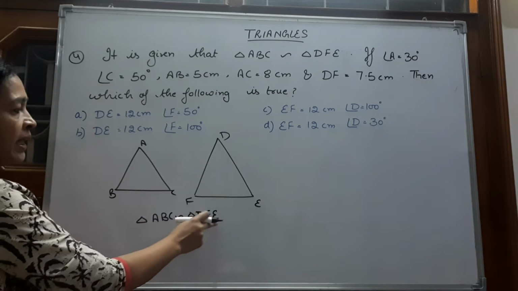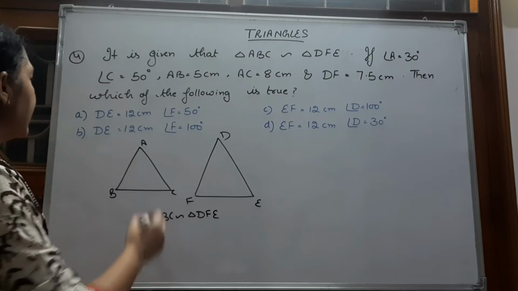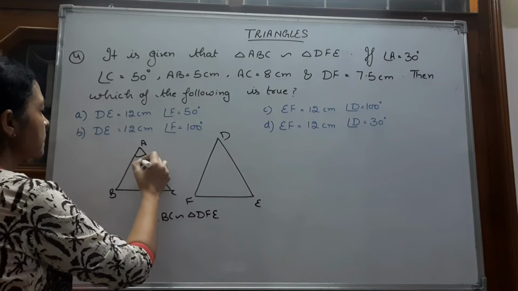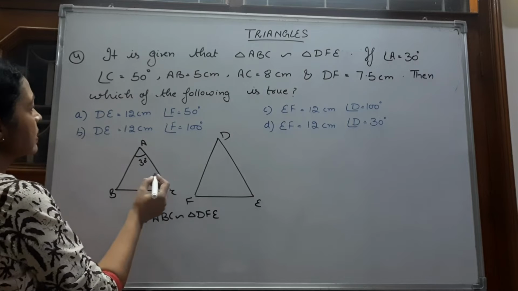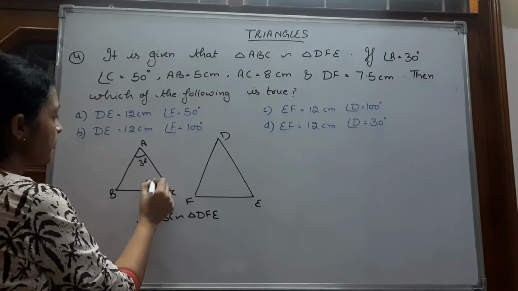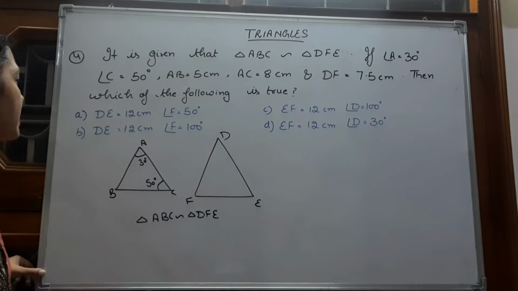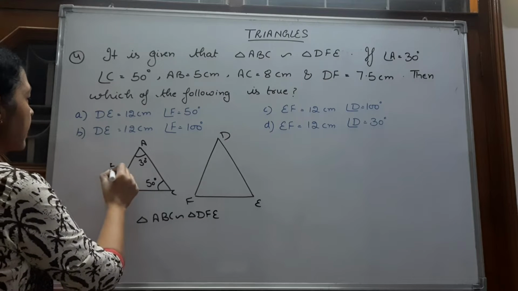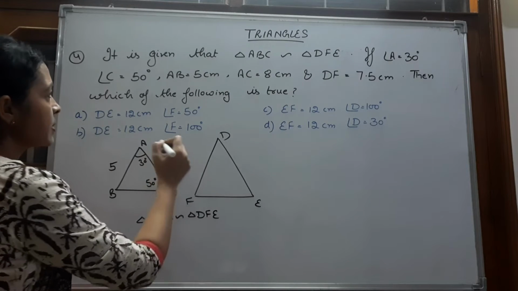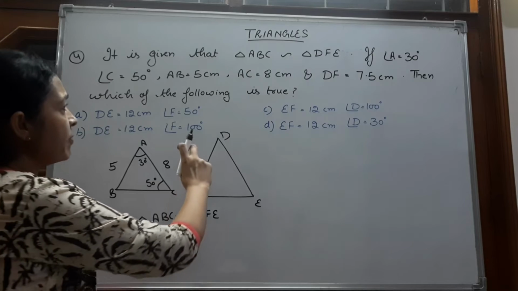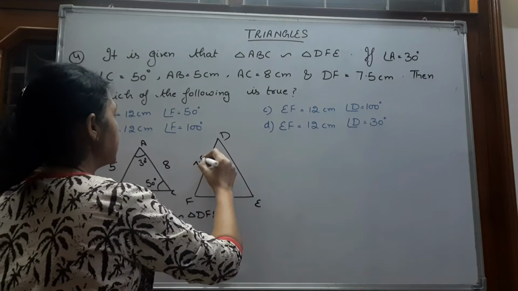ABC is similar to DFE. Angle A is given 30 degrees. Angle C is given 50 degrees. AB is 5 centimeters. AC is 8 centimeters. DF is 7.5 centimeters.